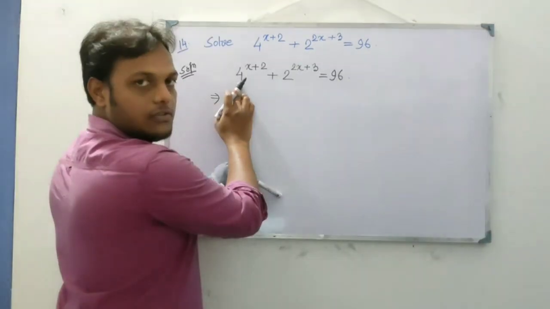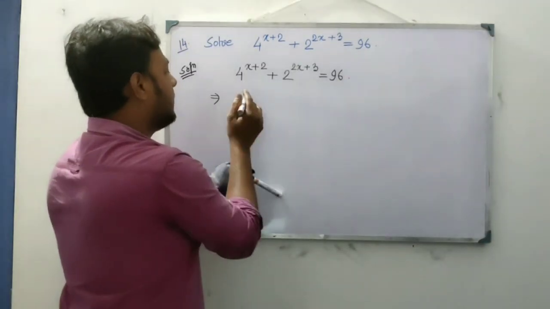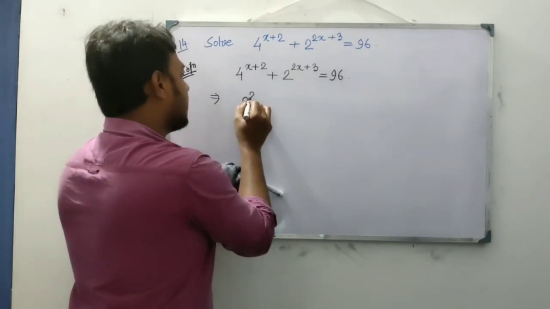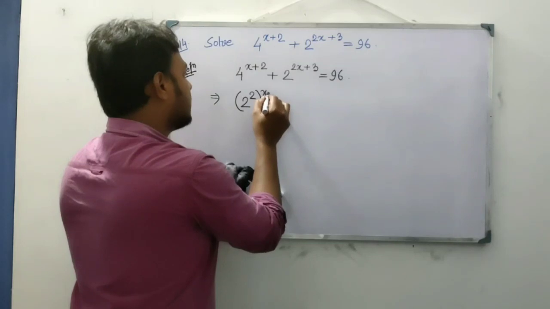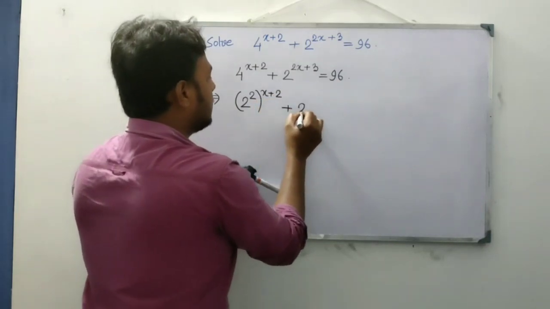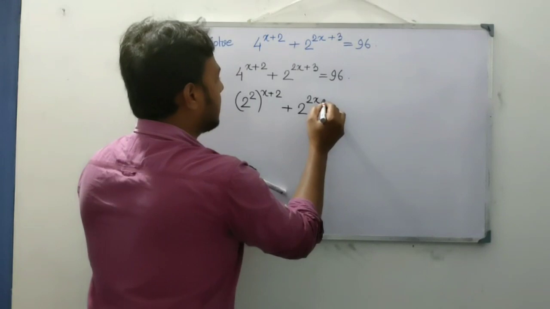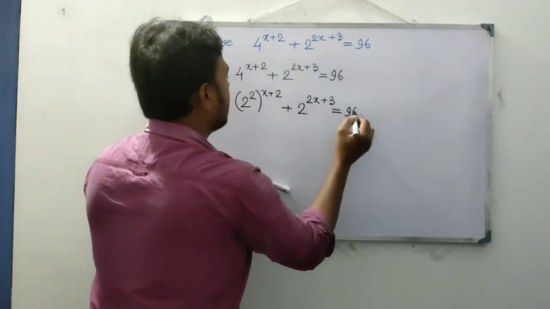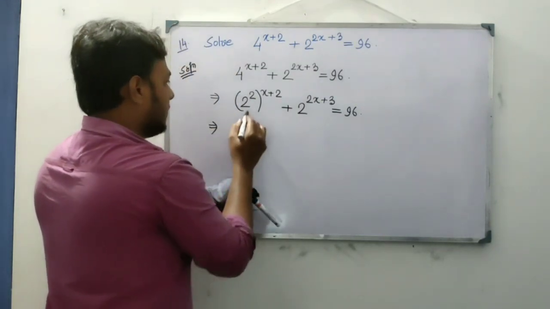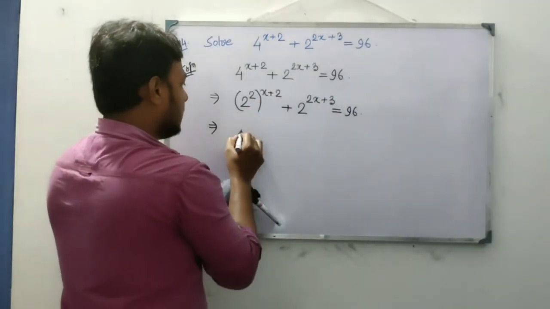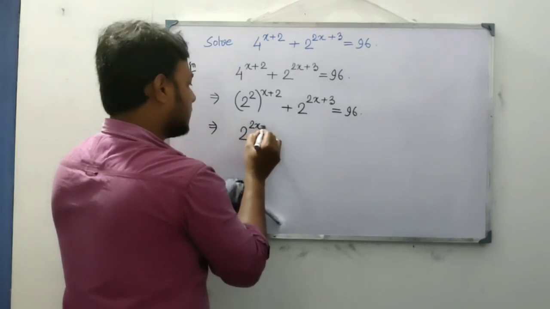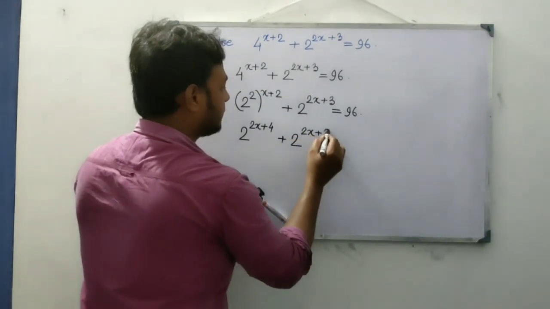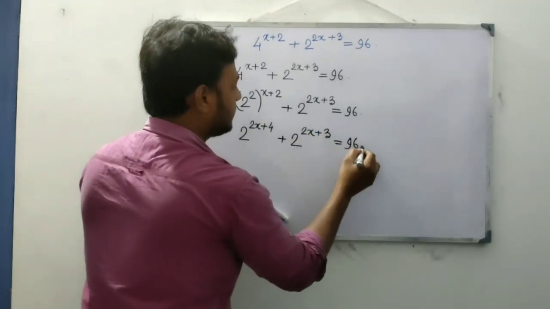So if we express 4 in base 2, then 4 can be written as 2 square, and overall x plus 2, plus 2 to the power 2x plus 3 equals 96. This implies that we can multiply the powers, so it will become 2 to the power 2x plus 4 plus 2 to the power 2x plus 3 equals 96.